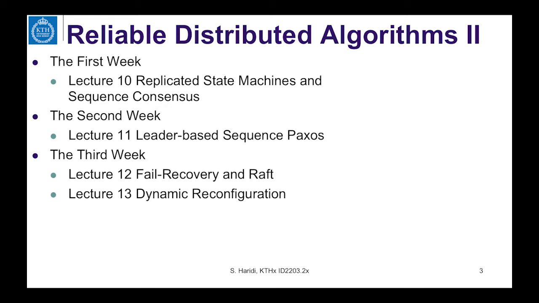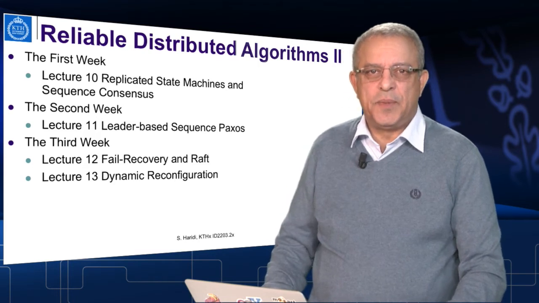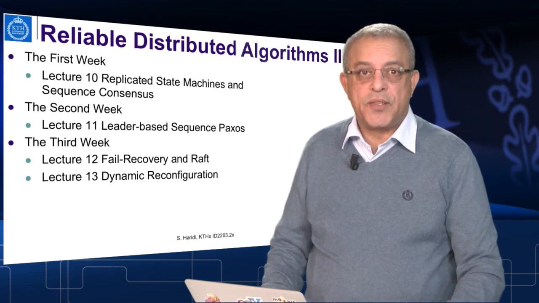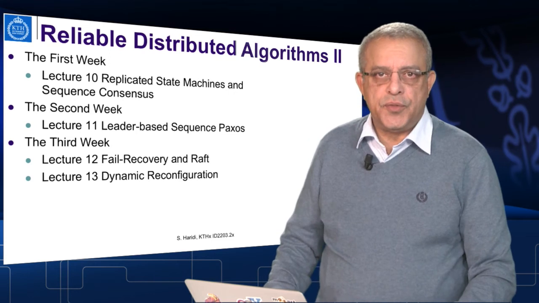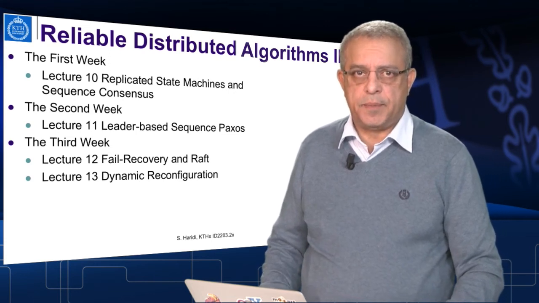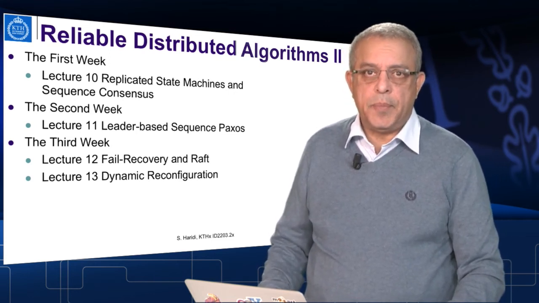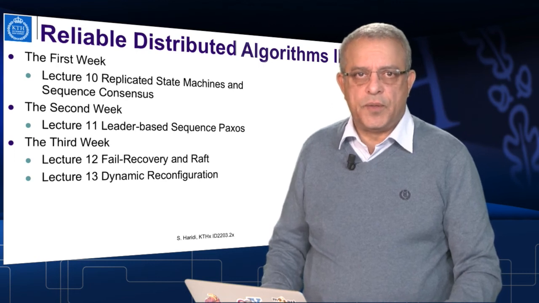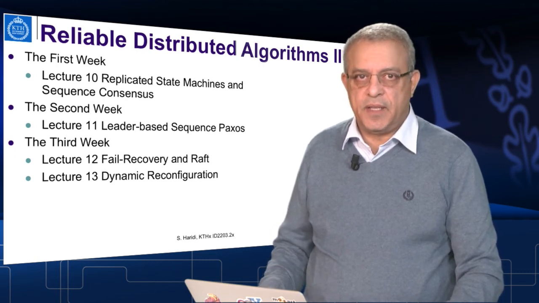The second week is devoted to the leader-based sequence Paxos algorithm. This algorithm is developed by a form of stepwise transformation of the generic sequence Paxos algorithm. Each step preserves the correctness of the original algorithm but improves its efficiency.